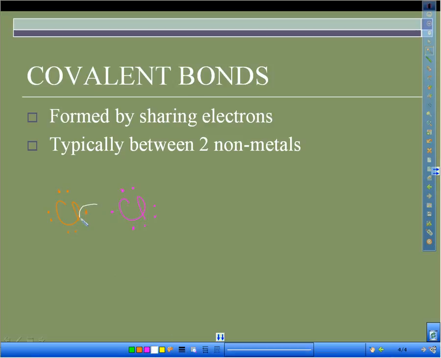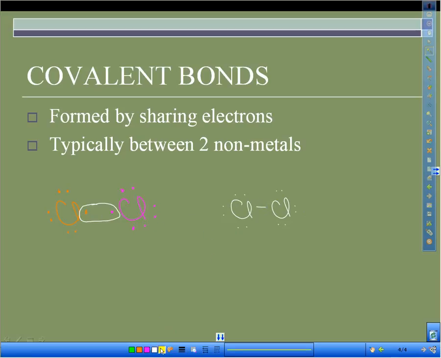What does work is if they share that electron pair. That gives this chlorine 2, 4, 6, 8. And that gives this chlorine 2, 4, 6, 8. So by sharing that electron pair, we now have a covalent bond. And you'll sometimes see that written like this, where you have to understand that this line represents that shared electron pair.